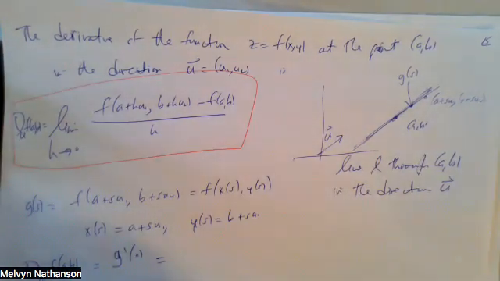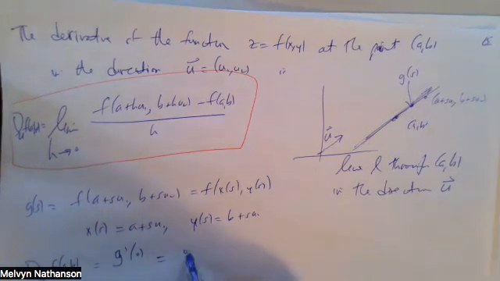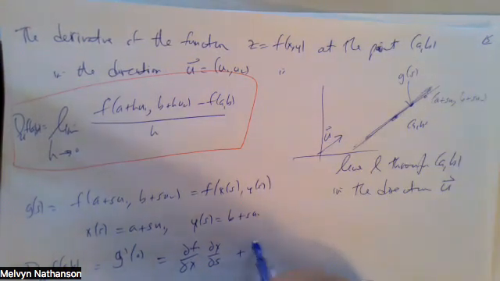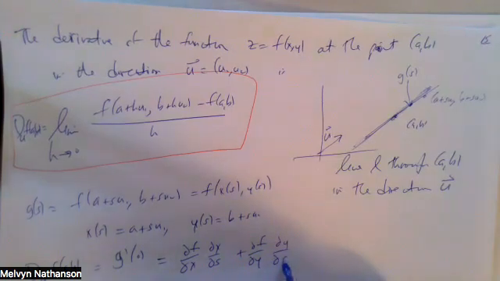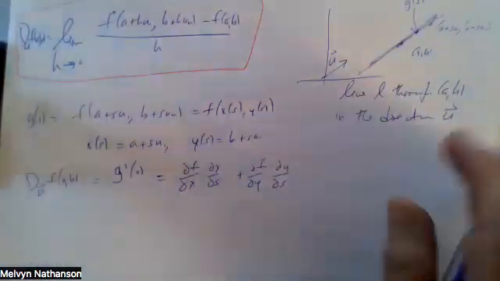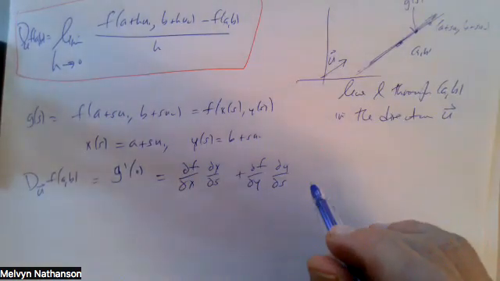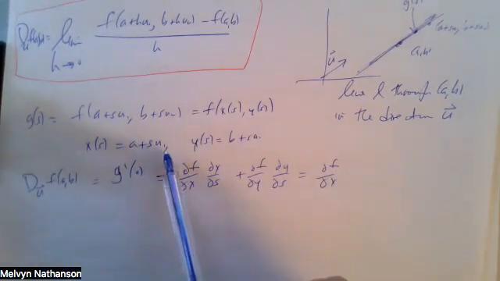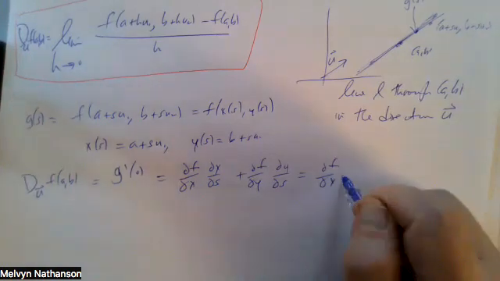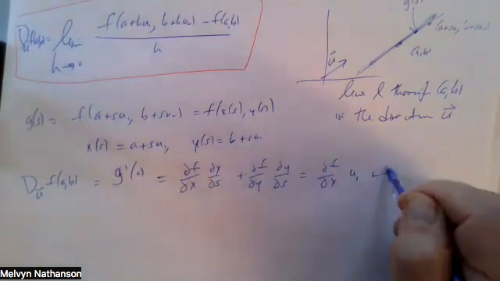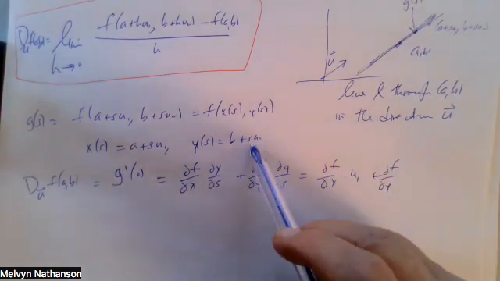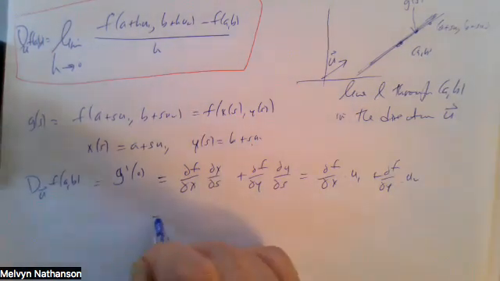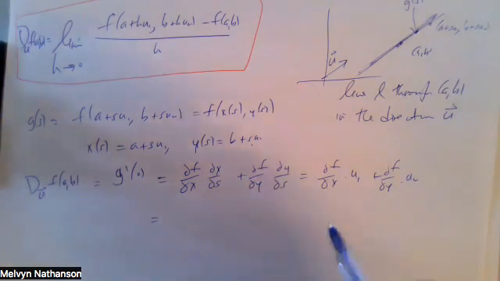And if I apply the chain rule to a function of two variables, this is the partial of f with respect to x, times partial x with respect to s, plus partial of f with respect to y, times partial y with respect to s. You don't have to know this derivation, but it's good to see, and you have to know the result. The partial of x with respect to s is u1. The partial of y with respect to s is u2. And this is evaluated at the point (a, b).